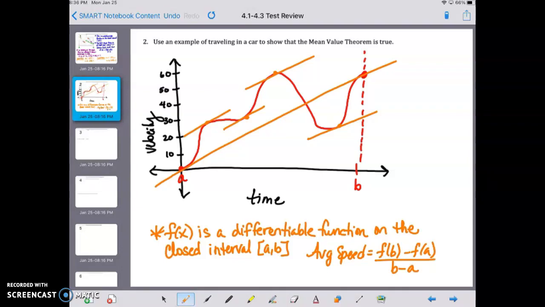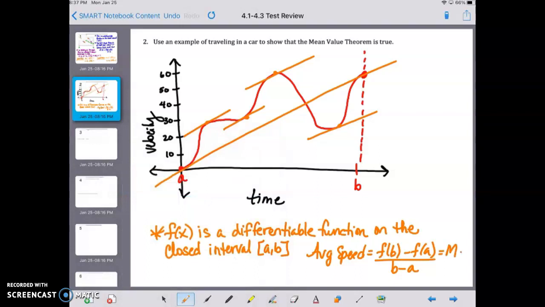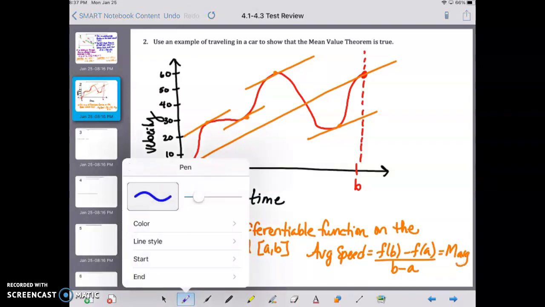And there are plenty of locations on my graph where that value, which, sorry, I should have written that this is my slope average here, right? M average, where I get that same value, right?